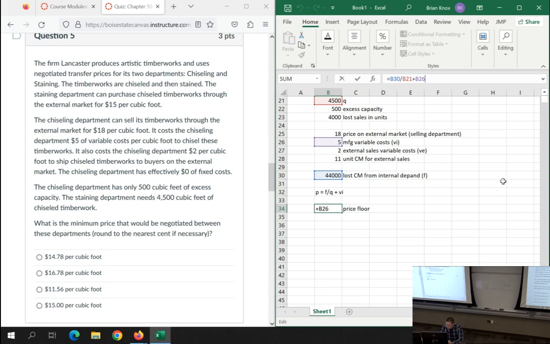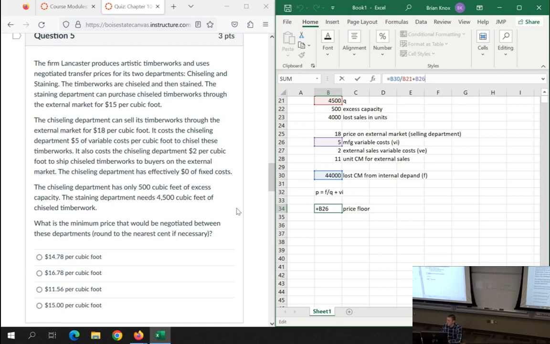We ignored the information in regards to the staining department on this question because the question is asking about just the selling department, correct? Yes. The staining department's the buying department.